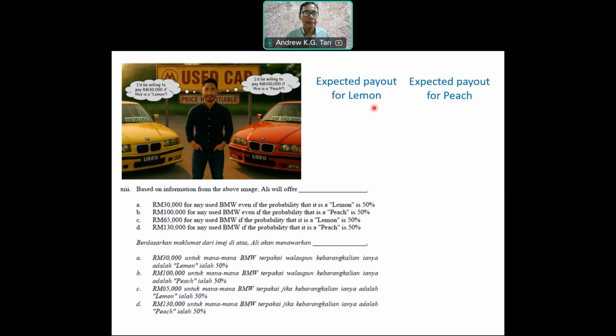expected payout for a lemon, if it is a 50-50 chance of a lemon, will be 0.5 times 30,000. And if it is a 50-50 chance that it is a peach, then he will offer 100,000. So 0.5 times 30,000 plus 0.5 times 100,000, 15,000 plus 50,000 is 65,000.